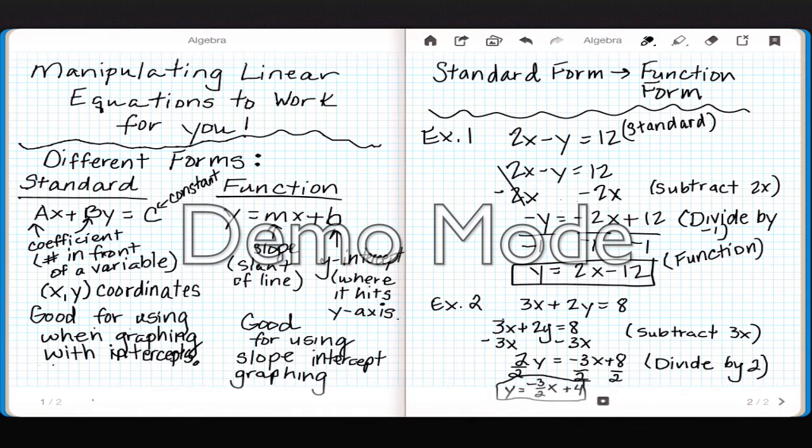So let's try to move the 2x and this negative to the other side. And we can't just move them because that will change the equation completely. What we're going to do is move it so it's the same equation but in a different form. So in order to get rid of a positive 2x, you do the opposite of a positive 2x, which is a negative 2x or a minus 2x. That means the same thing. So I subtract 2x from both sides.